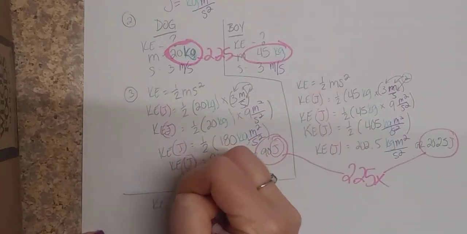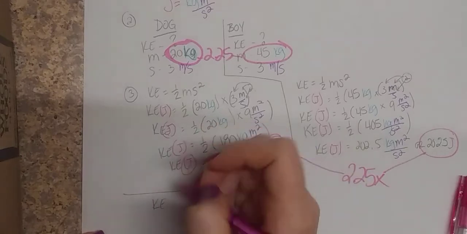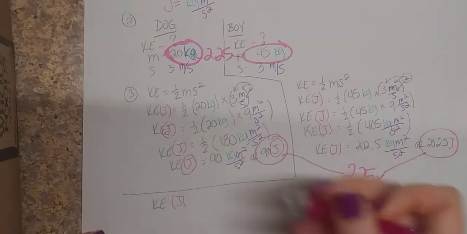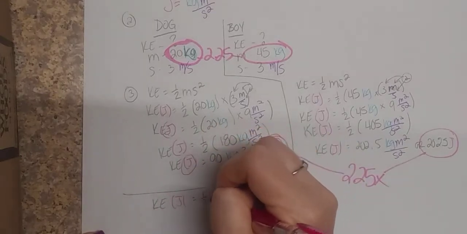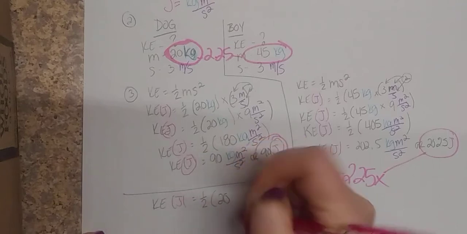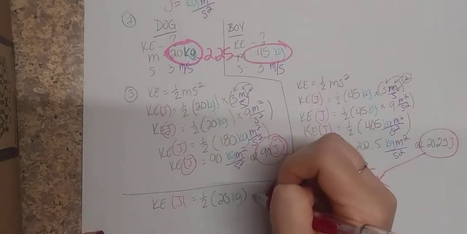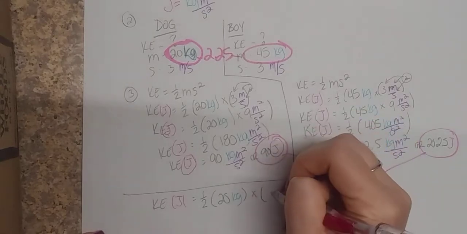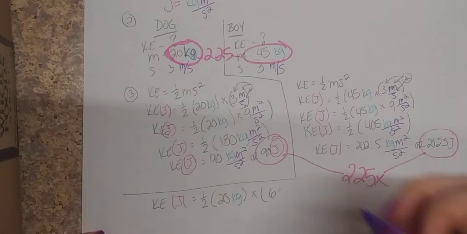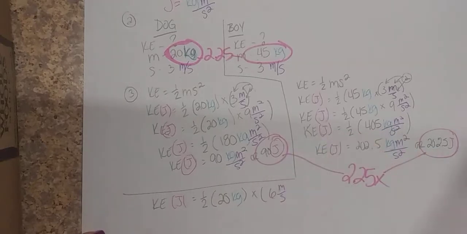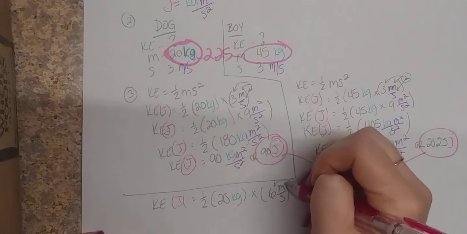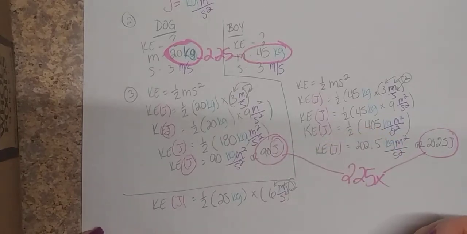So I have my kinetic energy, which again is a joule, is equal to my 1/2. The mass is going to stay the same at 20 kilograms, but the speed is going to go to 6 meters per second. And remember that speed is squared. I'm going to square the 6, the m, and the s.